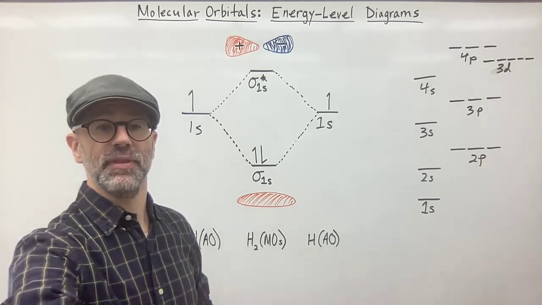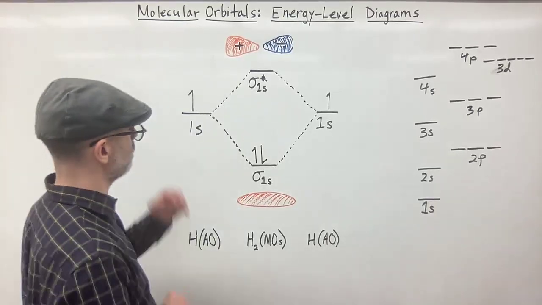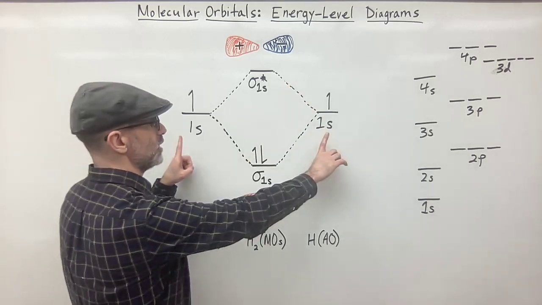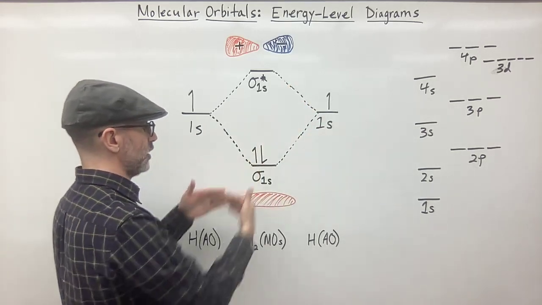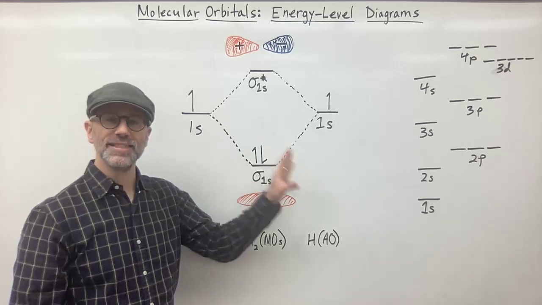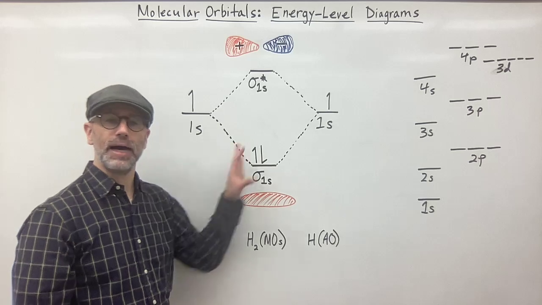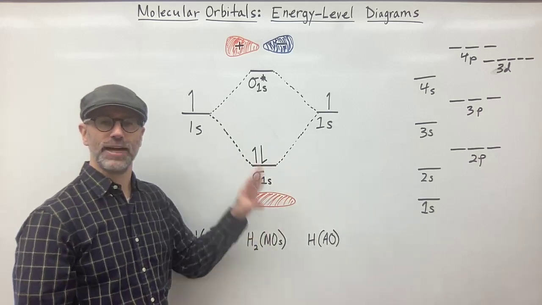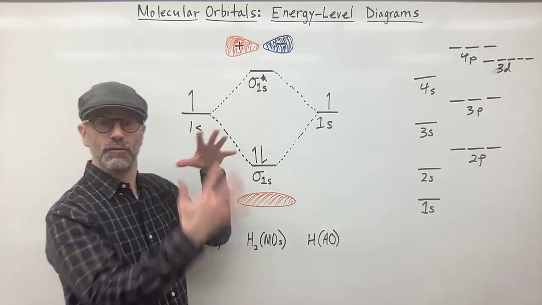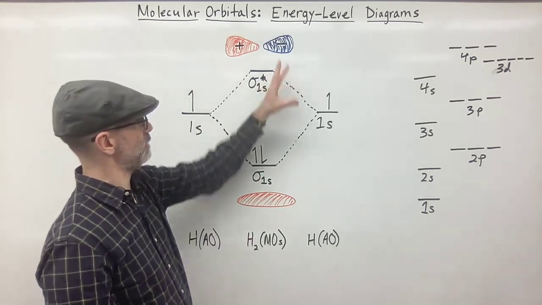And so there's a couple of more things I want to talk about. With regard to the 1s atomic orbitals interacting with each other constructively, you're going to form the sigma 1s. This has a stabilizing effect. This is a bonding orbital, and the bonding orbital has a stabilizing effect on the molecule. For this one, if they're interacting destructively, then you get this antibonding orbital.